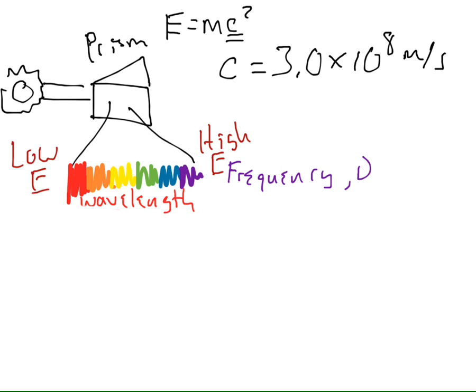So let me draw another little crappy picture here. They had a tube, let's say, with some hydrogen gas over here, and they zapped it with electricity. So they zapped it, zap.